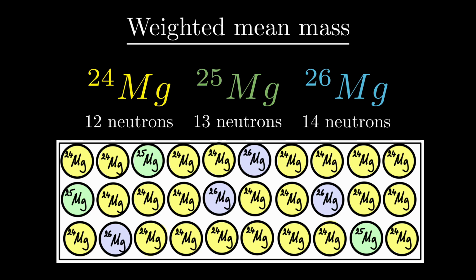And because magnesium and the majority of other elements in the periodic table don't consist of just a single type of atom, but rather more than one different type of atom, we need to take an average of them to find their relative atomic mass, which we will then be able to use in our calculations.